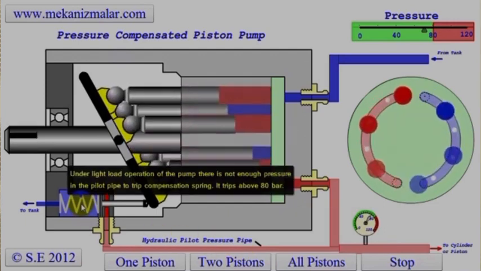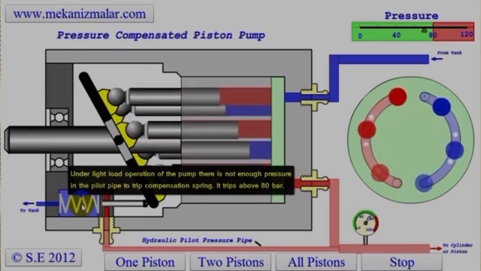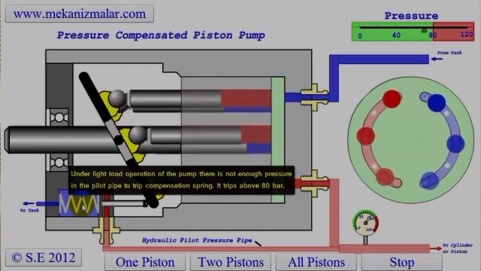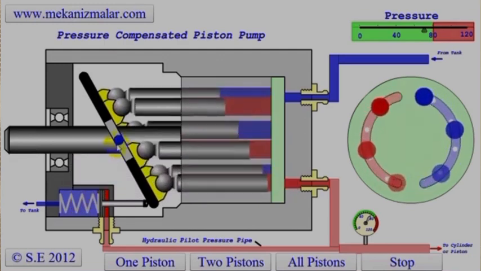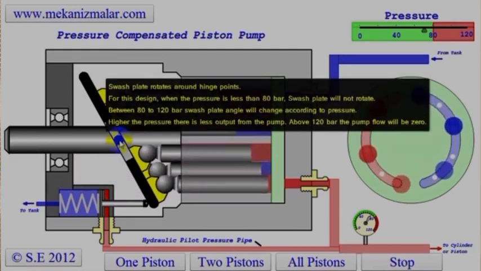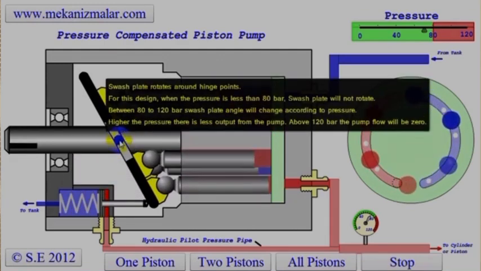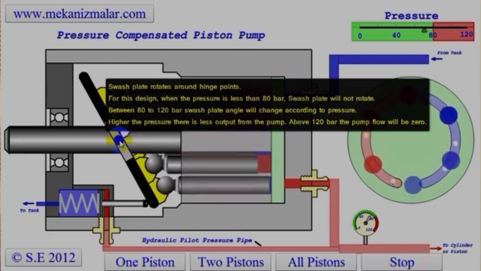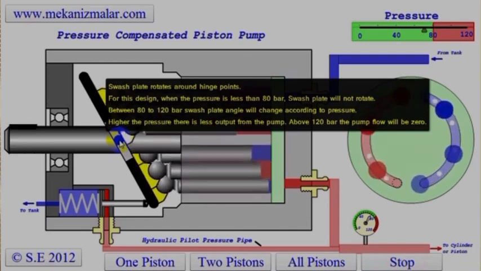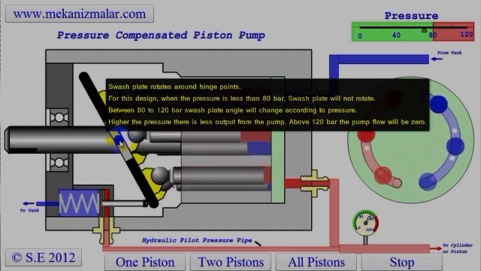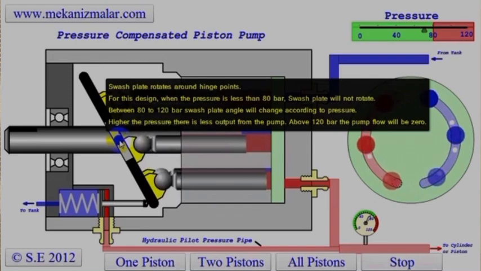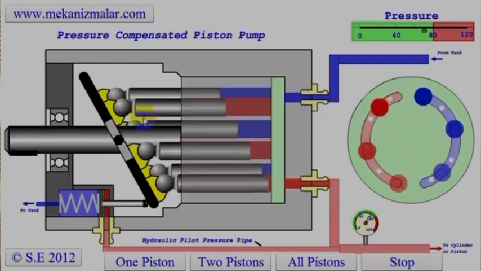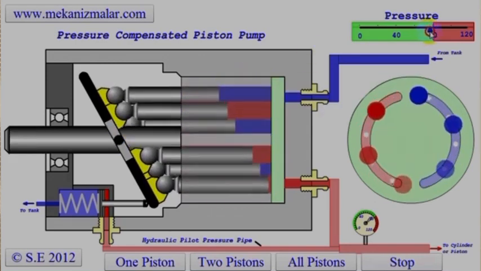As the system pressure reaches the maximum limit, the output pressure is also fed to the chamber, which acts against the spring tension and causes the small piston to move backwards. Moving the piston backwards will move the swash plate to lesser and lesser angles, and once the system pressure reaches its maximum limit, the swash plate is driven to the zero angle.